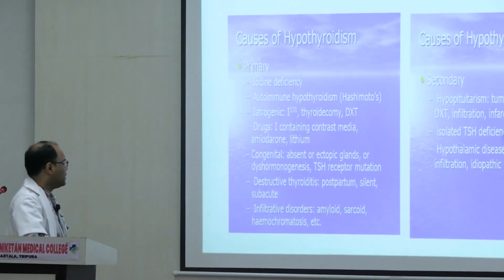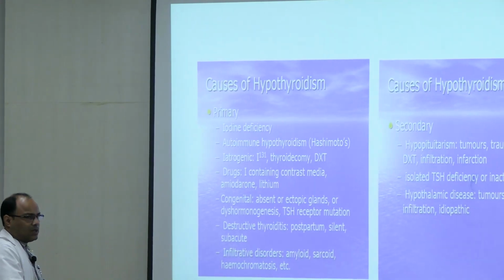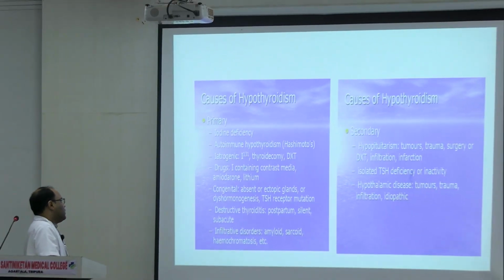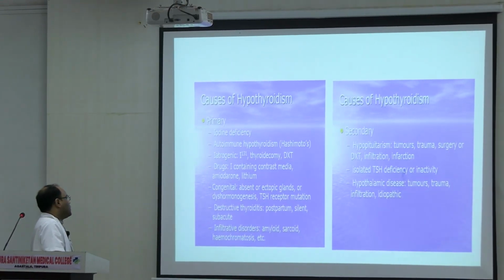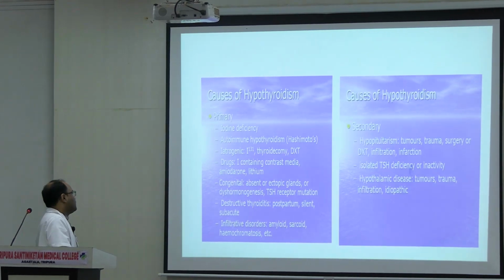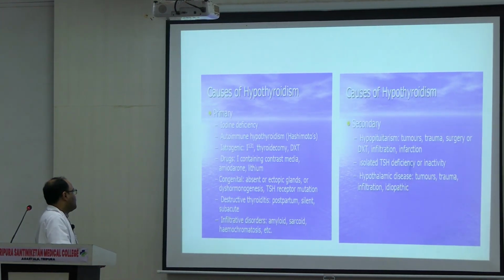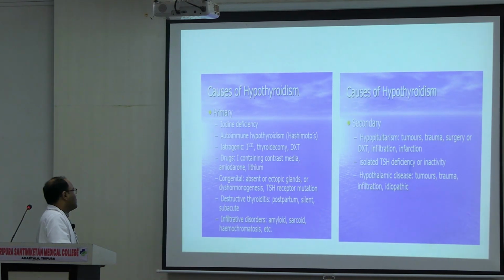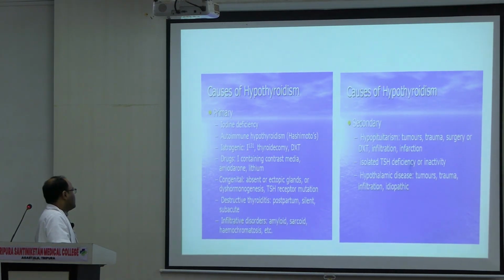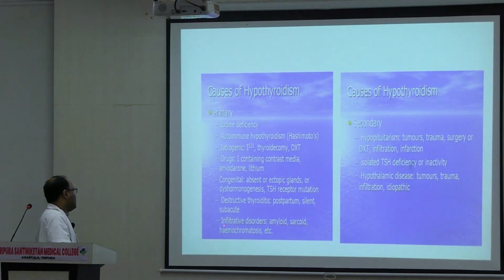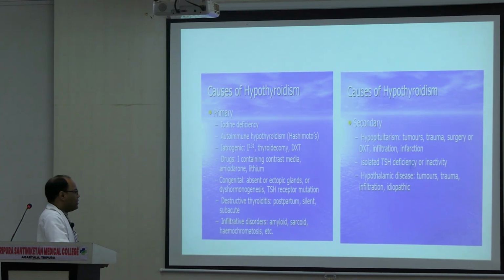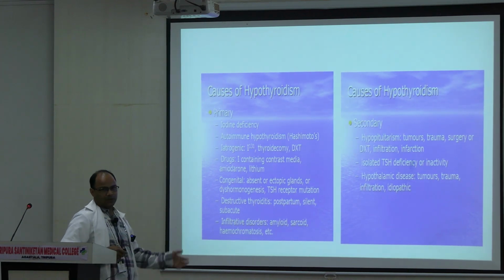Sometimes a congenitally absent thyroid gland causes hypothyroidism. Ectopic gland causes hypothyroidism. Sometimes TSH receptor mutation causes hypothyroidism. Some infiltrative disorders like amyloidosis, sarcoidosis, hemochromatosis also cause hypothyroidism. These are some primary causes.